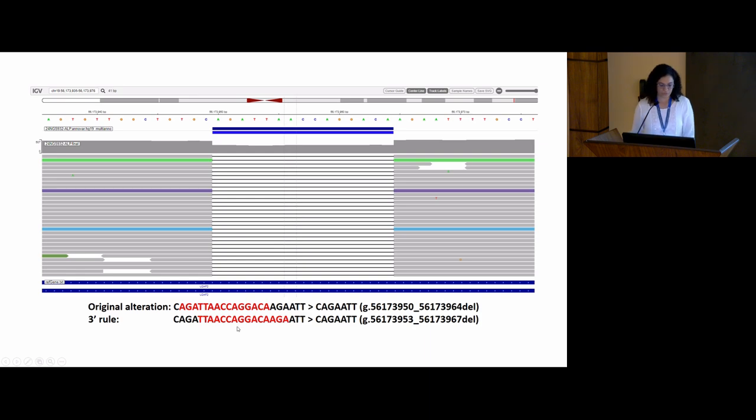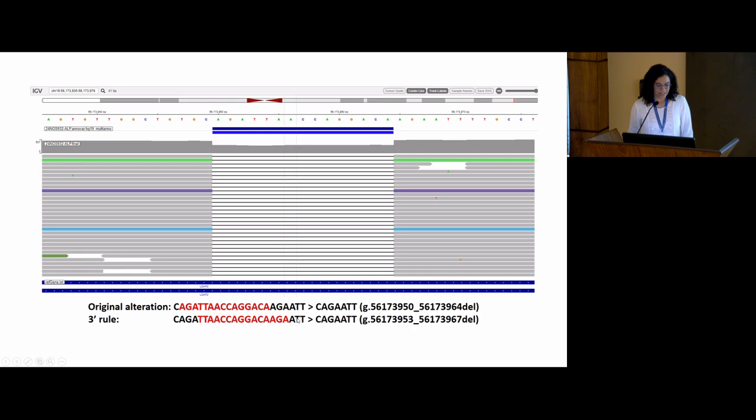The 3' rule says that the 3'-most alteration which results in the final altered sequence is arbitrarily deemed to have been changed. So at the original alteration that we are seeing on IGV, this is the deletion which has led to the final sequence of CAGAATT at these positions.